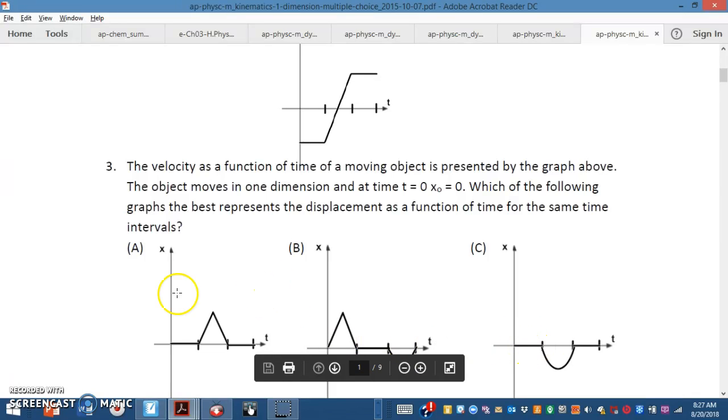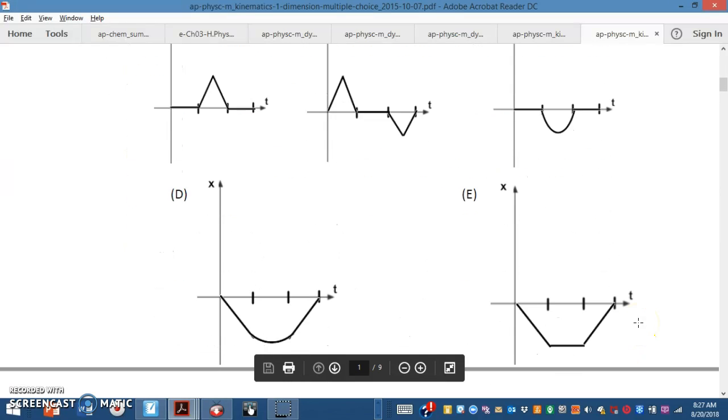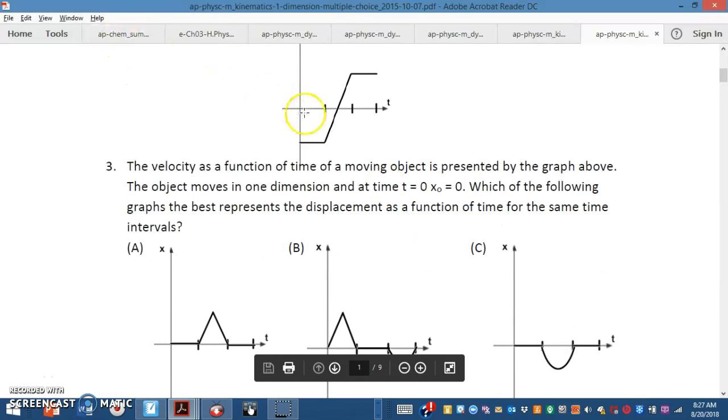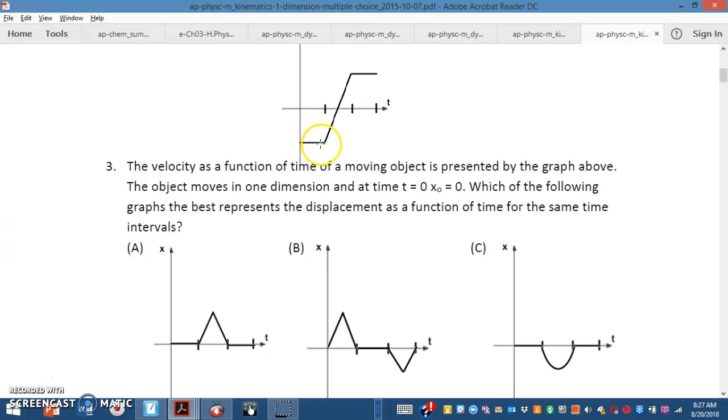And so this one removes choice A, and choice C also, because this is also 0. So you have fewer choices. The velocity is stationary, so the body is moving at a constant velocity in the negative direction.